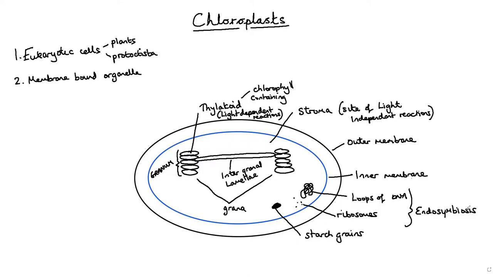So that's their general structure there. So we've said they're membrane-bound organelles. They're found in some eukaryotic cells. What is their function? So their function is in the process of photosynthesis. So they are the location of photosynthesis in these eukaryotic cells.